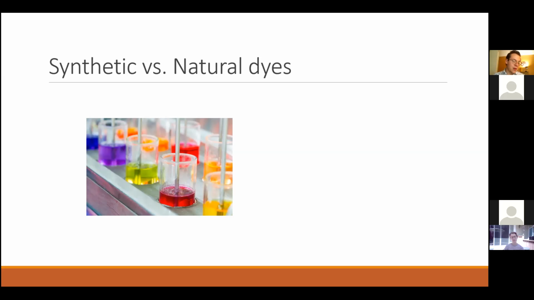They're often found to be quite bad for living things because of their toxicity. Like I said, crystal violet is pretty carcinogenic and not really something you want to be working with. The reason synthetic dyes are used is because the dye industry sees them as being very efficient and effective.